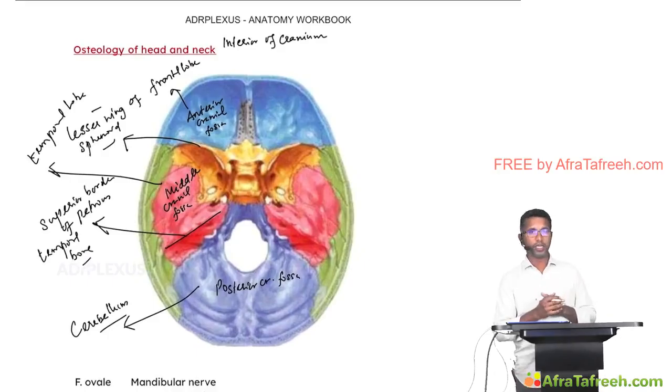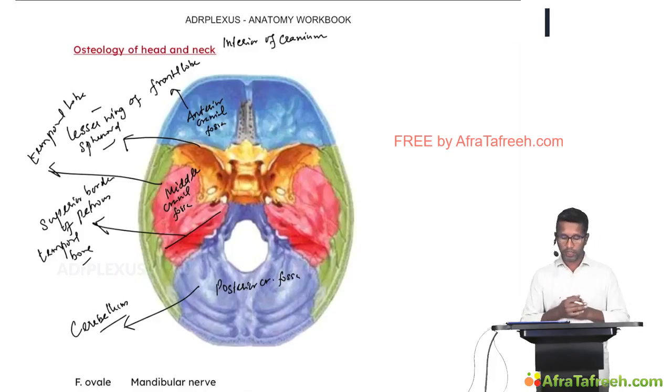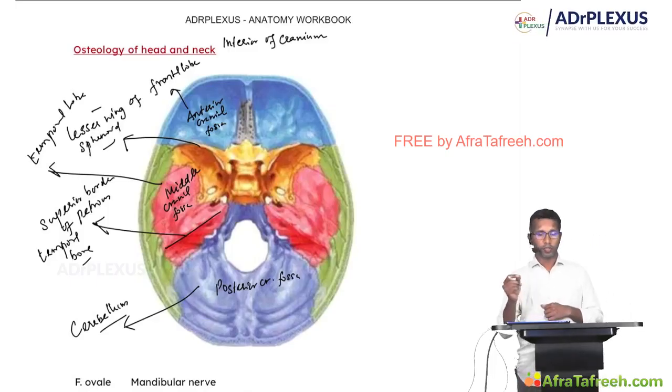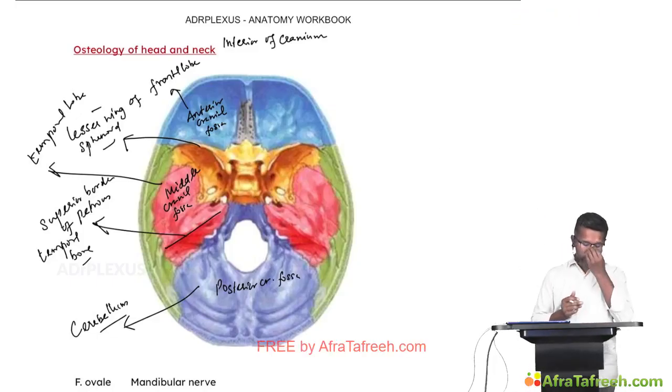These are preliminary demarcations, but what is most important is the foramina in the interior of the cranium. They put a mark on a foramen and ask what structure is passing through it. If you see the bones here, you see a perforated bone.